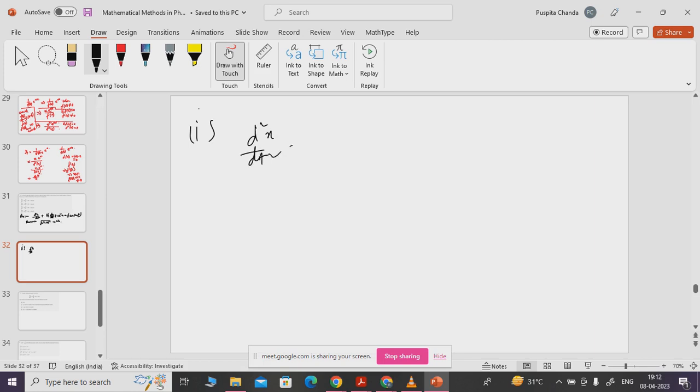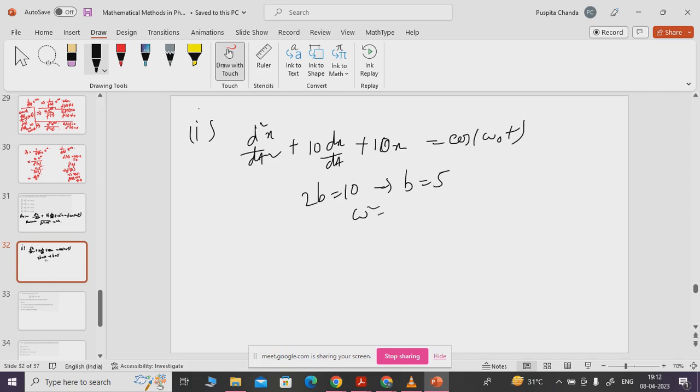The first one is d2x by dt square plus 10 dx by dt. So here 2b is equal to 10, b is equal to 5, omega square is equal to 10. Here we need to obtain omega naught. So omega naught is equal to root of omega square minus 2b square.